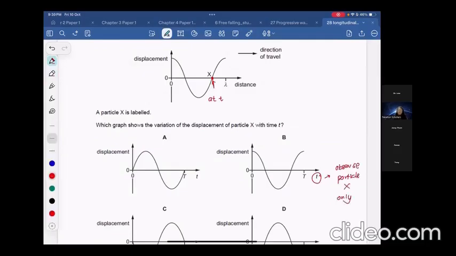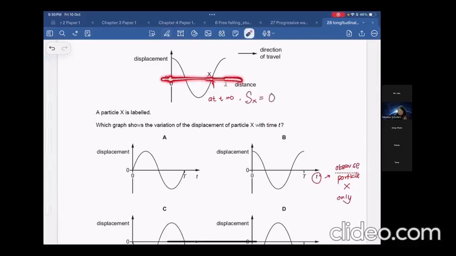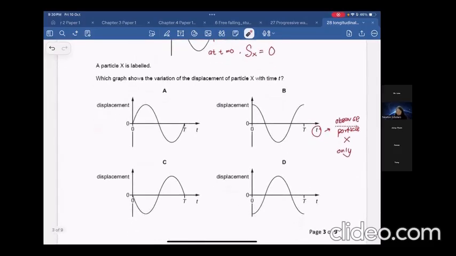I don't consider other particles. I just look at the X. So boys and girls, initially at time equals 0, starting from here, I try to record the motion. So at time equals 0, the displacement for your X is 0, because it's here, 0 here, 0. So you look at here, which one is possible starting?